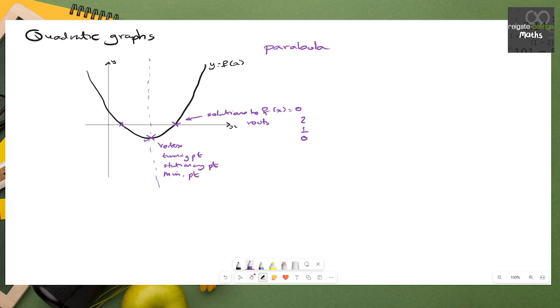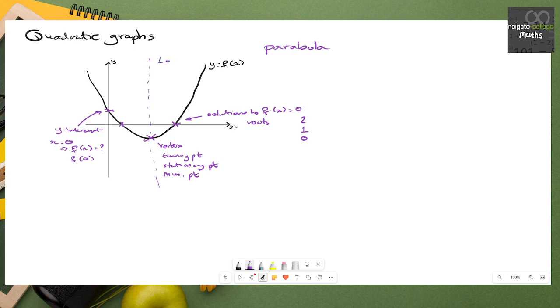We'll look at those in a later video. Here we have the y-intercept. And that's found when x equals 0. What is f of x? So f of 0 is what we are working out here.